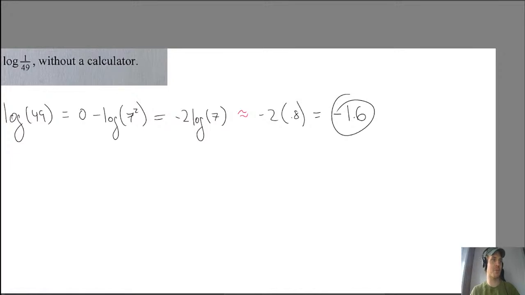Sometimes it's not possible to know what something is equal to exactly with the techniques that we have available to us, so we need to use these different forms of approximations, which is cool. It's neat that we have that available to us.